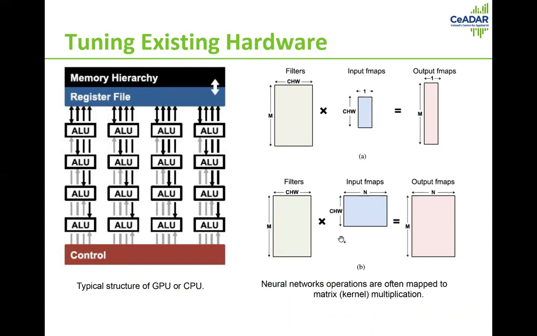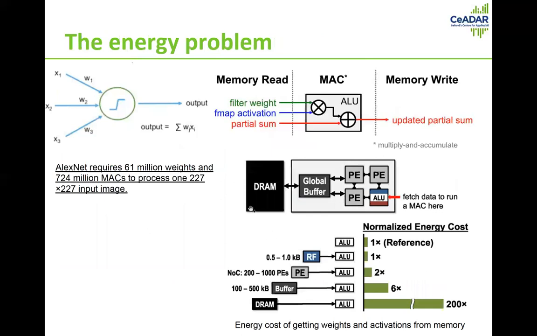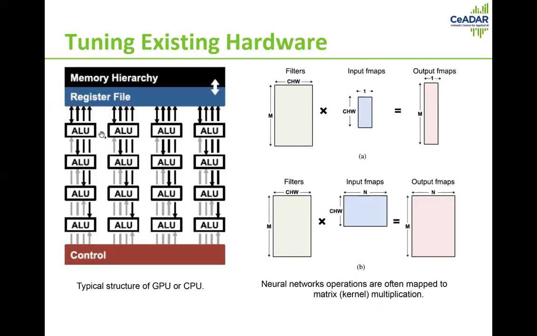So when you talk about neural networks, I just showed you these MAC operations. MAC operations, usually in hardware, are converted to matrix multiplications. What is done is they take the filter layer and multiply it with the inputs, and these are all matrices, and they output a matrix. Same if there are multi-layered inputs: they convert them into matrices, and filters into matrices, and then you multiply these matrices and give the outputs.